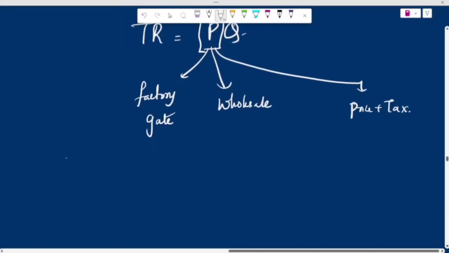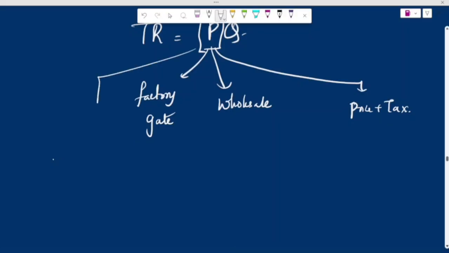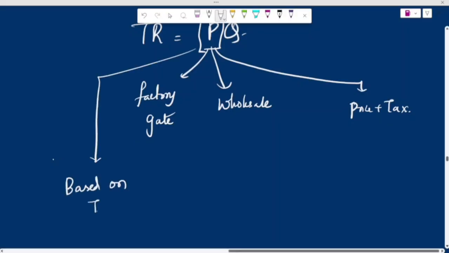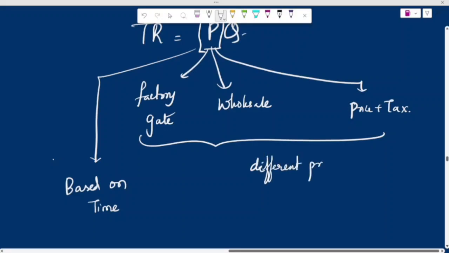Price also varies based upon time, and it will also vary according to the different stages in production. At the factory gate, it will be very less. When it comes to the wholesale market, they'll be adding more.